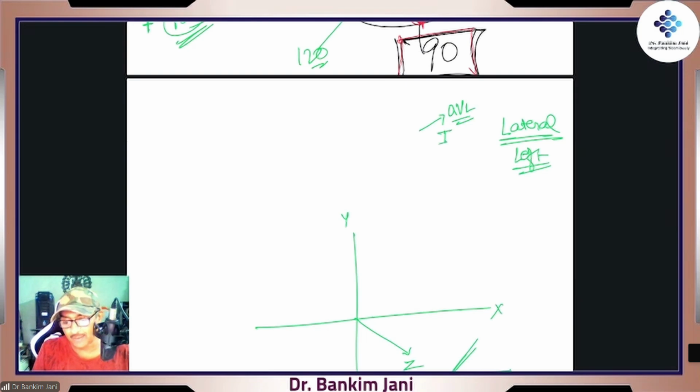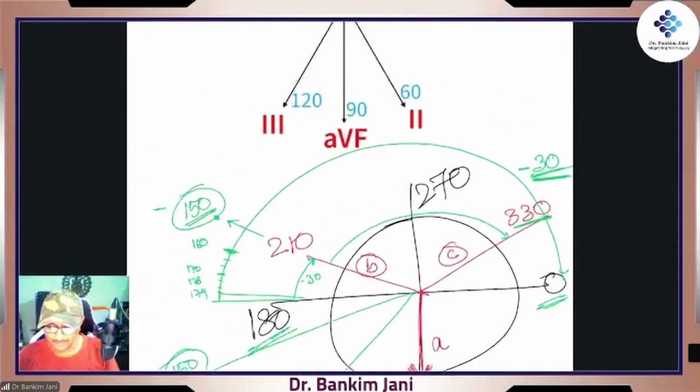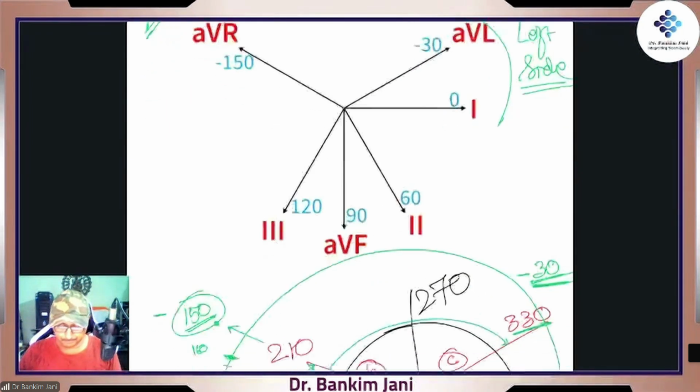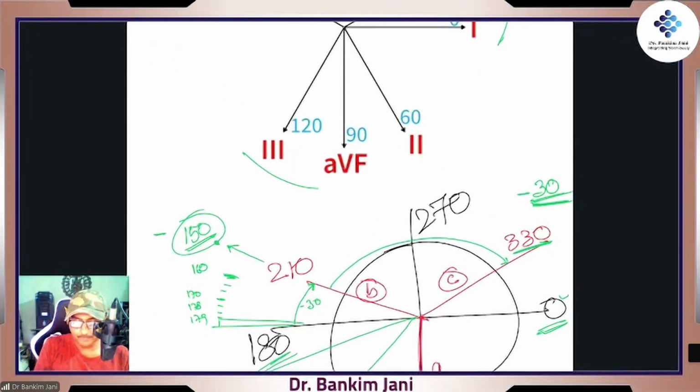It was lead 1 which was watching from the left side, correct? Am I right? See, AVL is here. Let's write it here. AVL. So we are watching from the left side. What about this? We are watching from below, so from the diaphragmatic side.